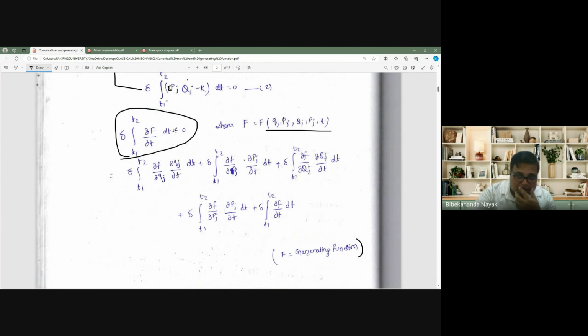You can write it in terms of its components: del f by del t is equal to del f by del qj times del qj by del t, plus del f by del pj times del pj by del t, plus del f by del capital Qj and del f by del capital Pj terms, plus del f by del t. Here this f is known as the generating function. So the generating function is a function of the old and new variables and t, so that the transformation from small pj to capital Pj is canonical.